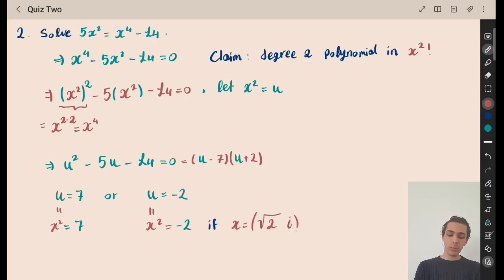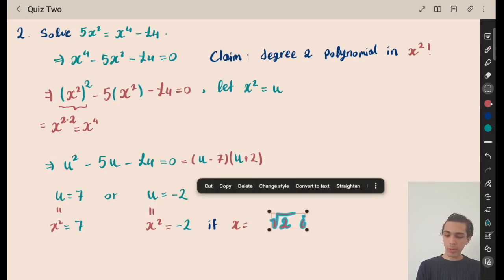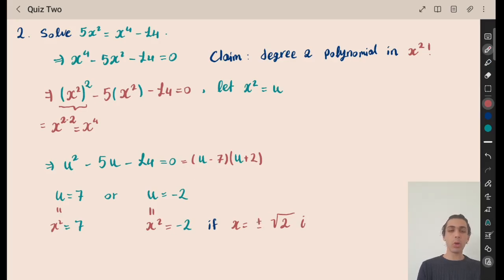Because if you square this number, you get 2 times i squared, and i squared is minus 1. But don't forget to include the positive and negative ones, because if you also square the negative part, you will also get the same result. You also get the minus 2, because the minus gets multiplied by itself and it goes away.